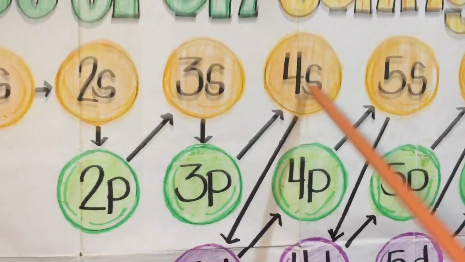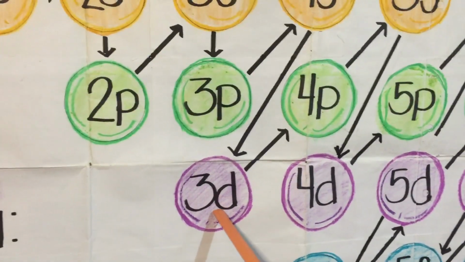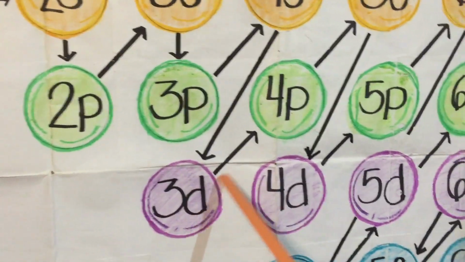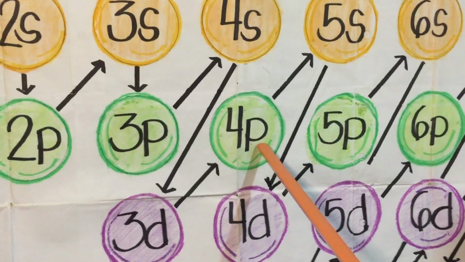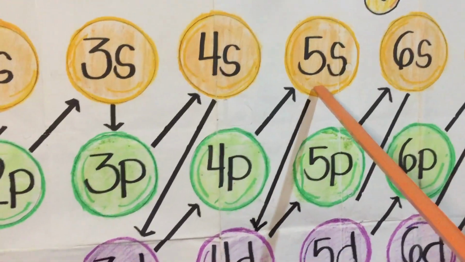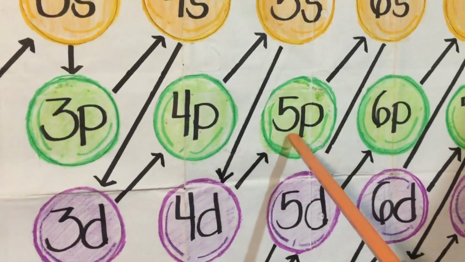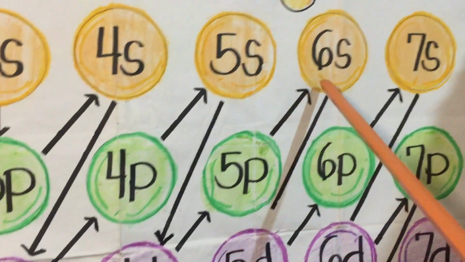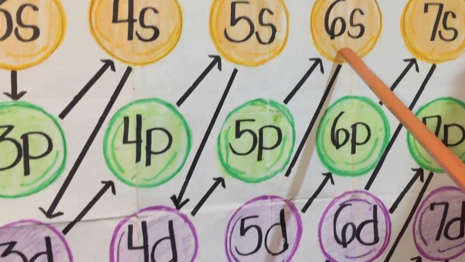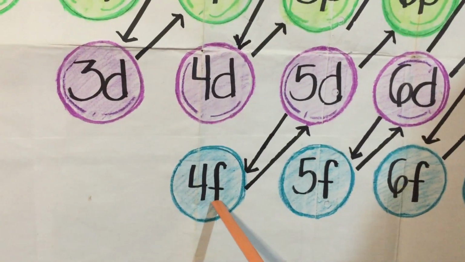4s, 2. Bababa sa 3d, ilan ang d? 10. Okay, so 3d, 10. Then, 4p, 6. 5s, 2. Okay, after ng 5s2, bababa sa 4d, 10. 5p, 6. 6s2. Then, saan pupunta yan? Diretso sa 4f14.